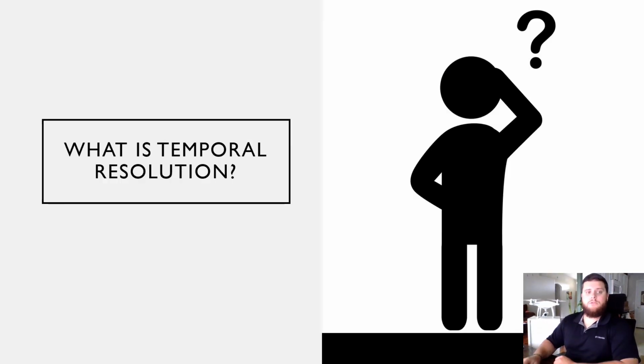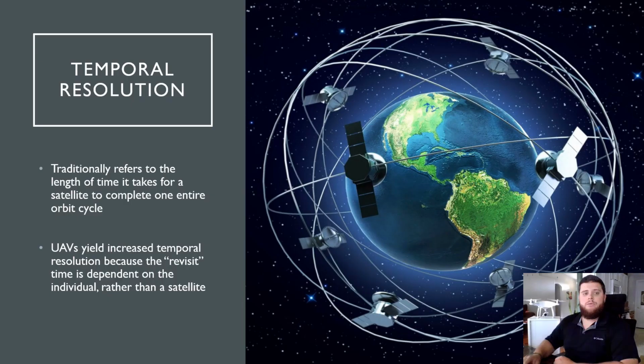What is temporal resolution? So temporal resolution, this all has to tie back to, especially if we're getting our imagery from satellites, how often this is going to be collected, so the length of time that it takes for a satellite to complete its orbit cycle before we can get our imagery again.